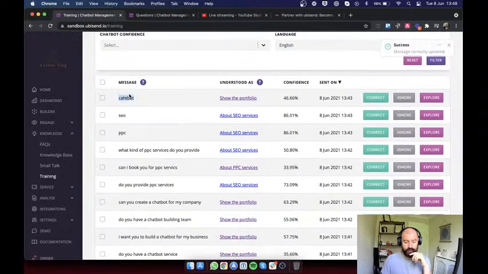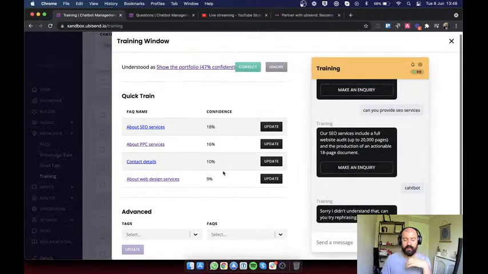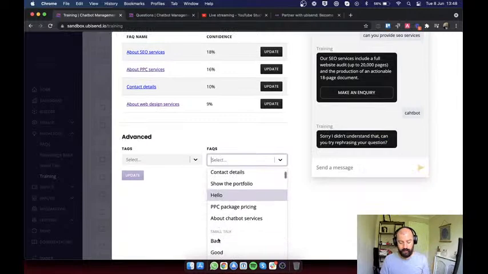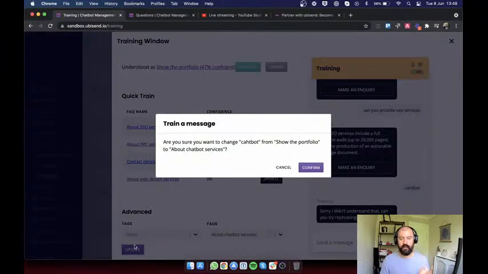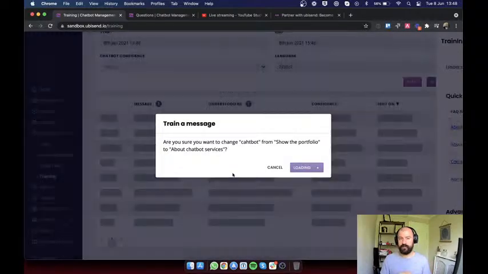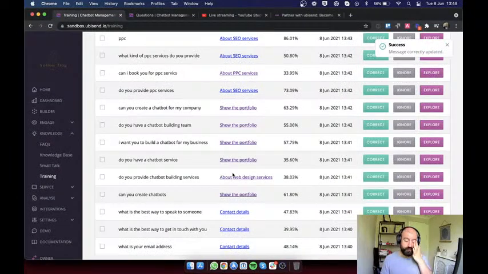Okay. This one is obviously a spelling mistake. The bot didn't pick up on it, only 46% anyway, so I'm going to train that. Typically the obvious spelling mistakes, like forgetting the apostrophe between it and s for it is or it's, that kind of stuff, it's just going to breeze right through it. We saw it earlier with portfolio and portfolio or something like that.